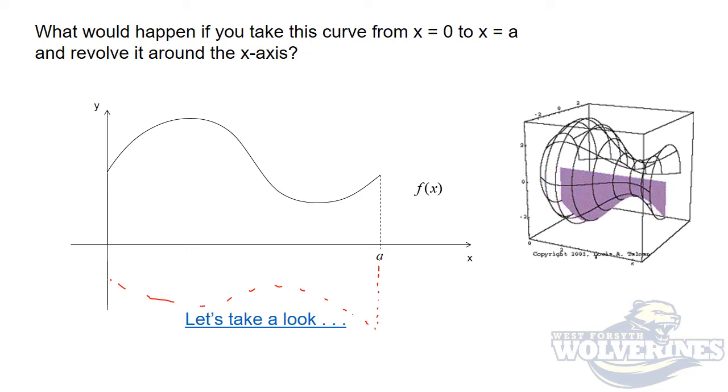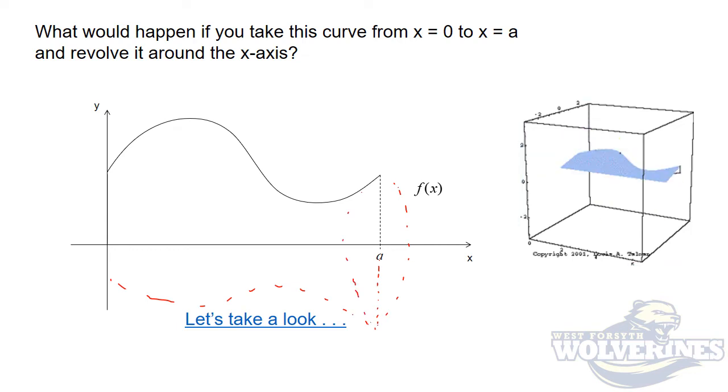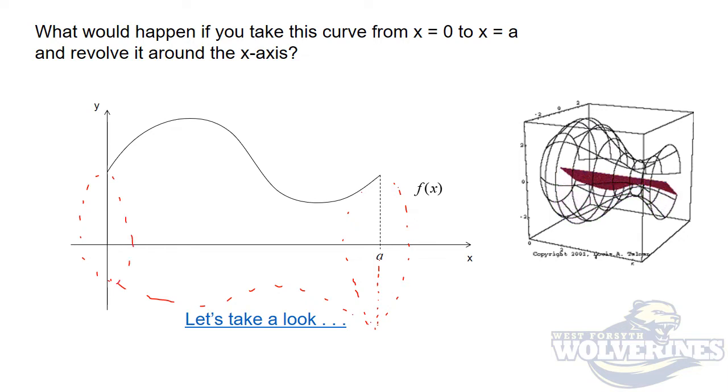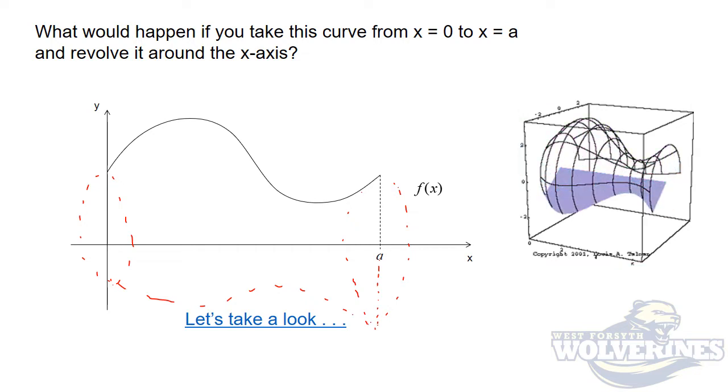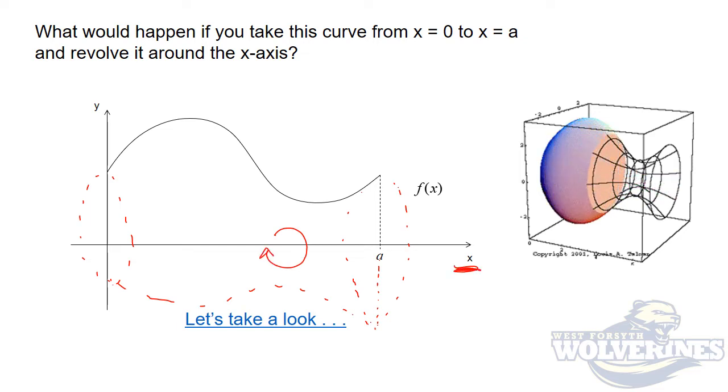I know my little animation's going over there to the side too, but it's going to make a little vase. So the idea is that I'm taking what was once just a curve on a piece of paper and I am rotating it around a certain axis.